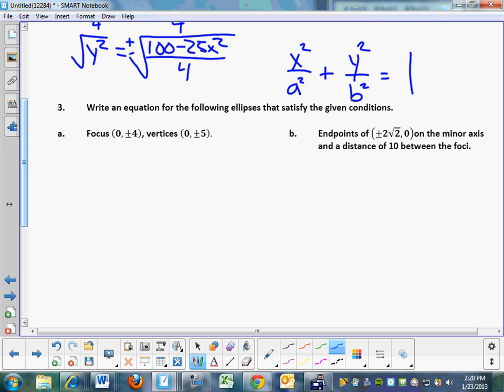Well, it says the foci are (0, plus or minus 4) and the vertices are (0, plus or minus 5). And really what we need to do is identify the a, b, and c values.